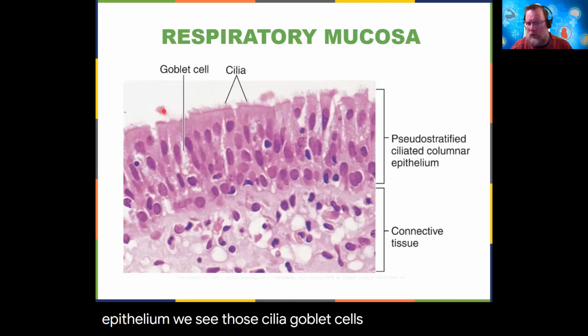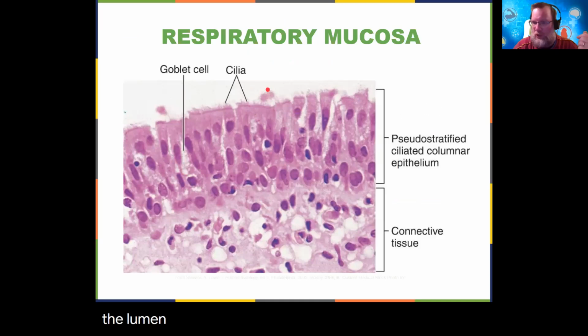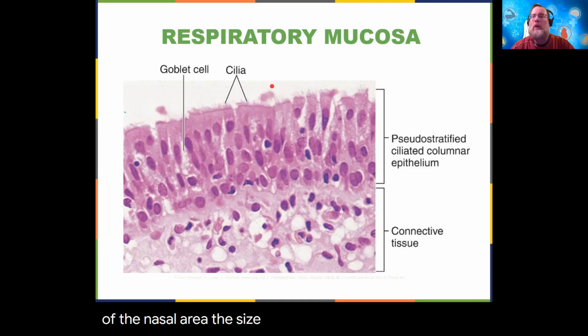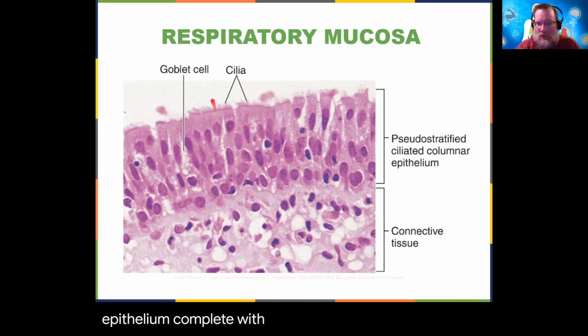So there's a little bit of mucus constantly being spritzed to the surface, the lumen of the respiratory tract, especially the upper nasal area and the sinuses. Then we also see it in the trachea. Again, pseudostratified ciliated columnar epithelium, complete with goblet cells to secrete that mucus.